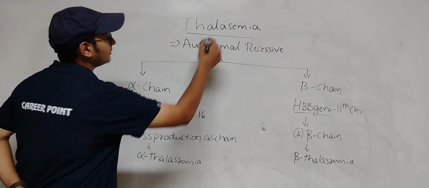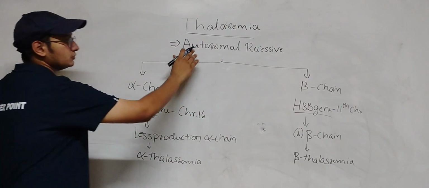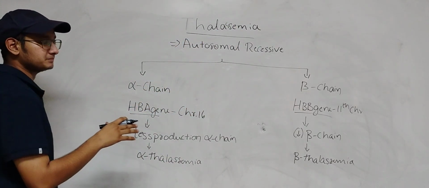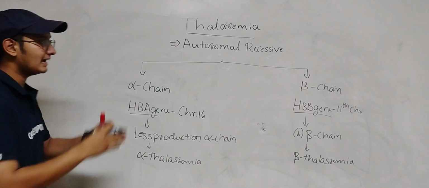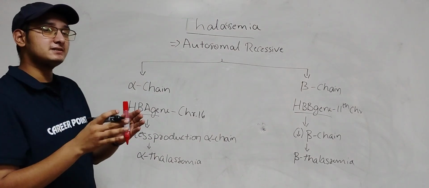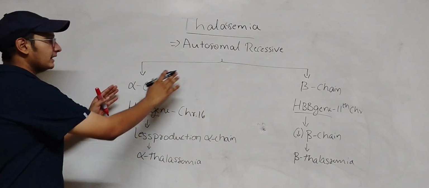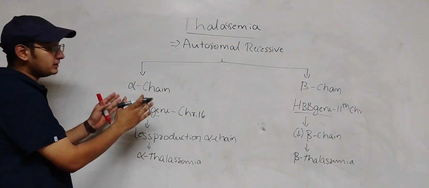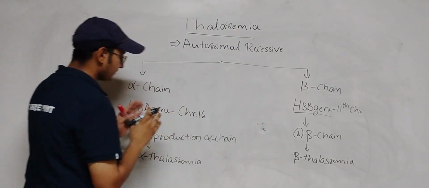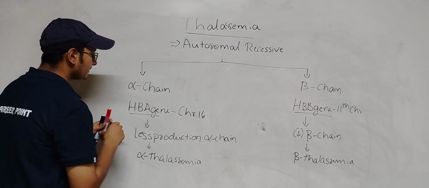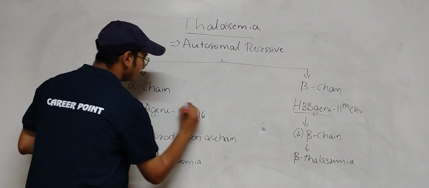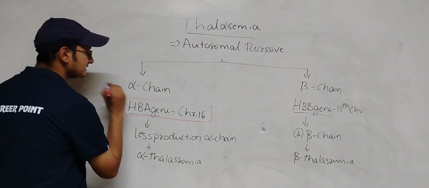So thalassemia, an autosomal recessive disorder, means the defect is present in the autosomes, and it is recessive, which means it needs both alleles to express. Hemoglobin has alpha chain and beta chain. The alpha chain is controlled by the HBA gene, which is present in chromosome number 16.